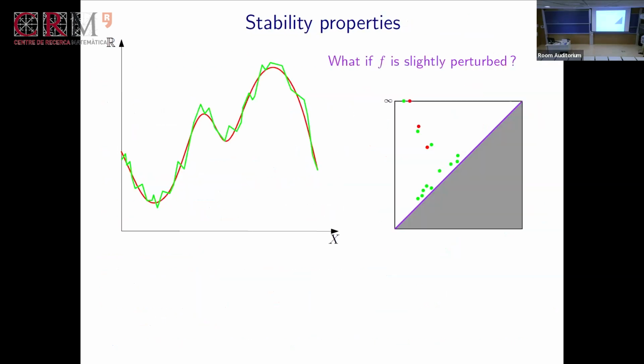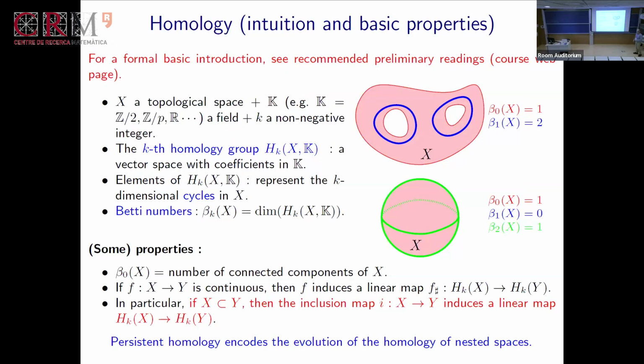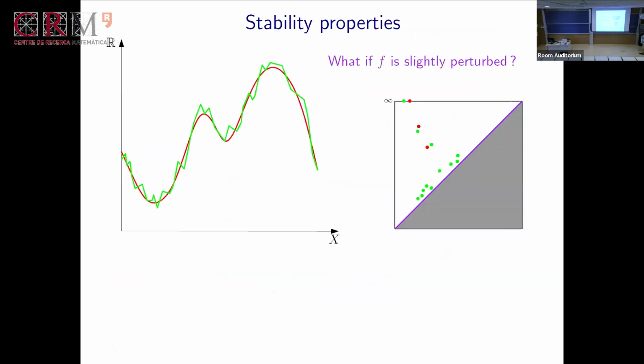So why is persistent homology an interesting notion? We can look now at what happens. Before, we had computed the persistent homology of this red function. Now if I perturb my red function a little bit, and replace it by the green one here, I can look at what happens to the persistence diagram.